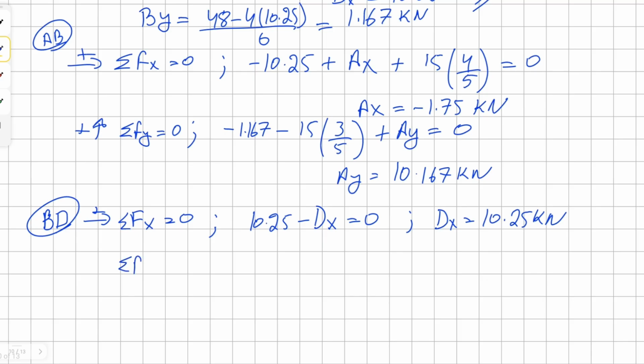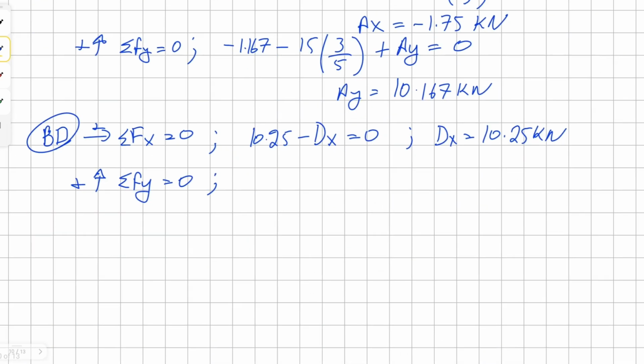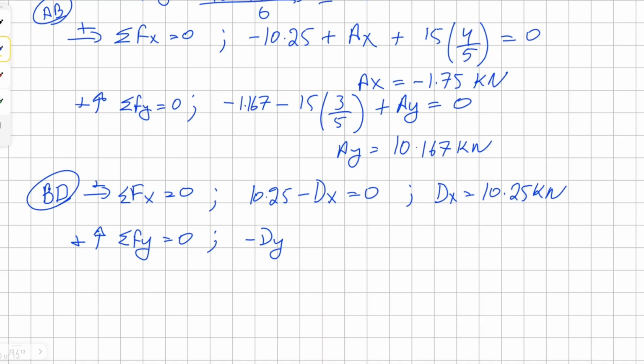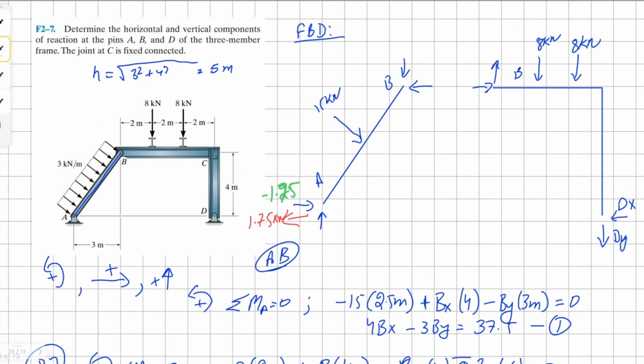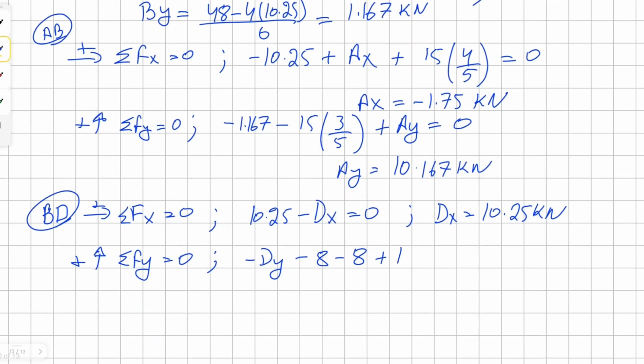And now we can do the sum of reactions in vertical. So our Dy in here we are assuming as negative because it's going downward. And then we have 2 point loads, 8 each. And then our vertical reaction for By is positive, and the value for By is 1.167 kilonewton.